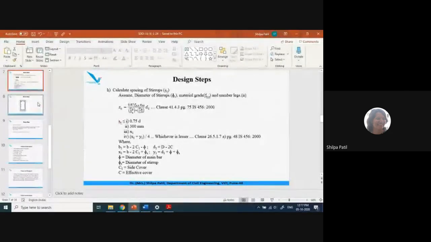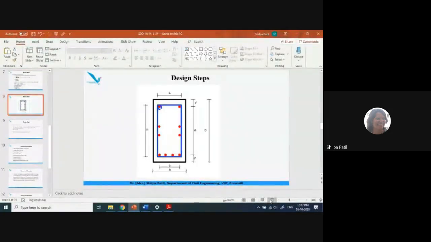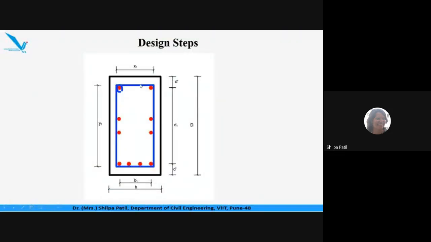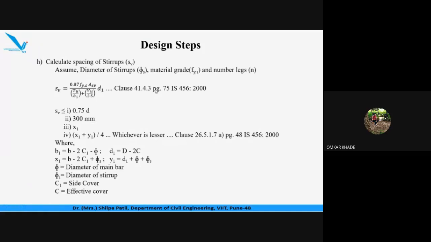So if this is my short dimension of the stirrup, I have to consider the full length. It means it will not be from center to center. It will be the full. So it is clear now: total width minus 2C1. C1 is the side cover. Why add anything?